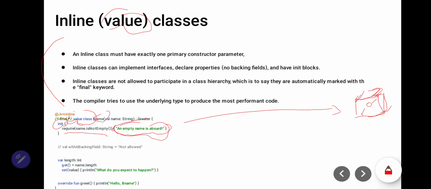It is up to you how to describe the alert. If you see in this code, if the box is empty, you will get an alert: an empty name is not allowed.